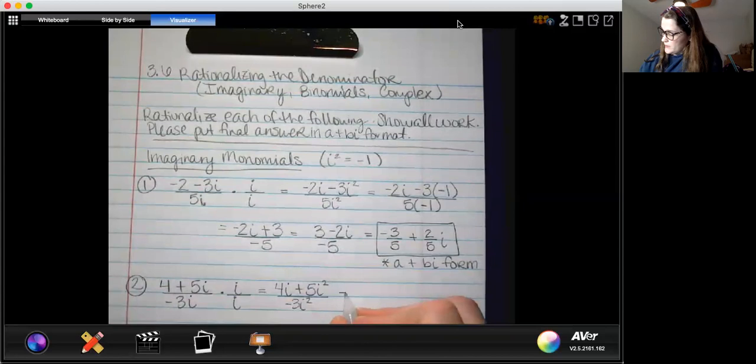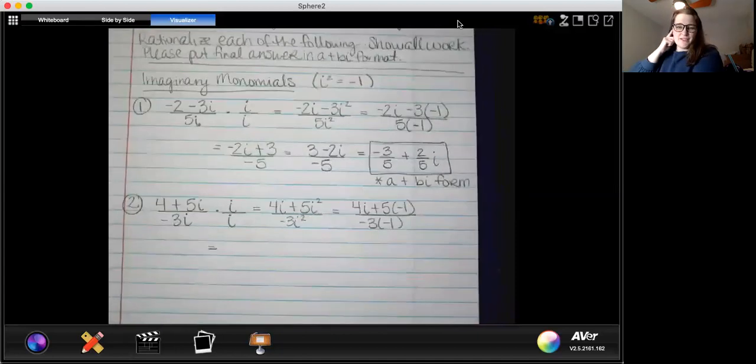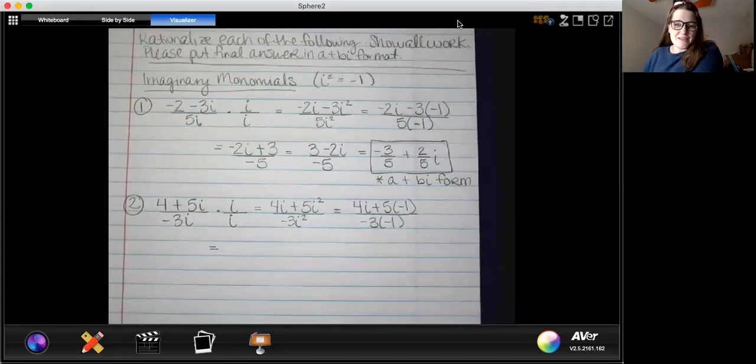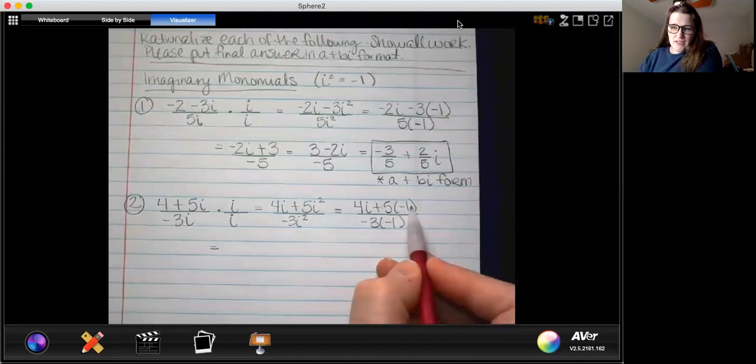I'm going to put in our negatives. Okay. And then we're going to simplify. Now, when we simplify, you can rewrite it right away with the numerator rearranged.